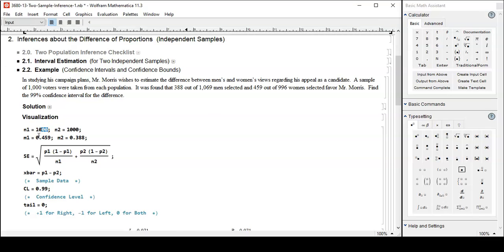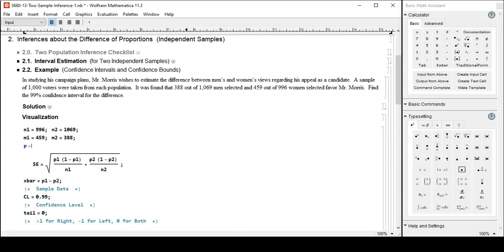I changed it to 1,069 men and 996 for women. Okay. So for M1, it is women in this case. Okay, I have to change that. So this is 459. And this is 388.